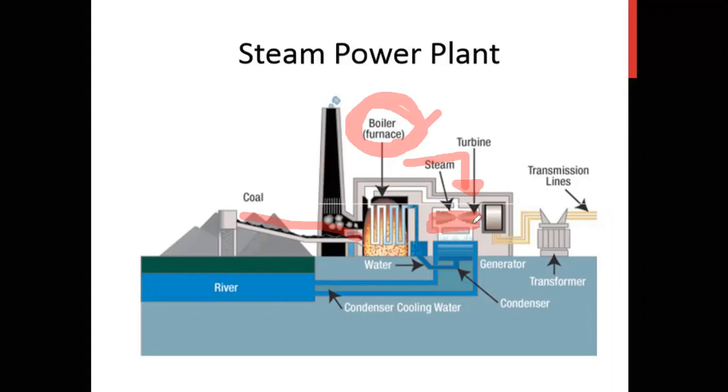So one thing is, in the turbine there is a shaft in the middle of the turbine. That shaft is connected with the generator's rotor. So when the turbine moves, the generator rotor also moves. So when the steam flows within the turbine, the turbine moves, and the generator rotor also moves.